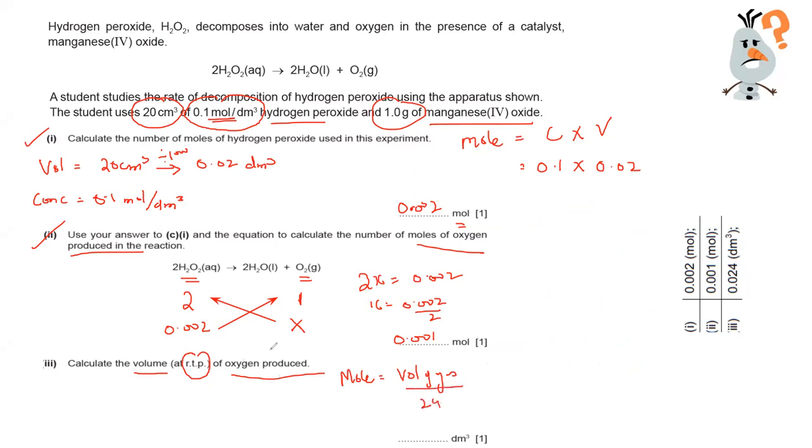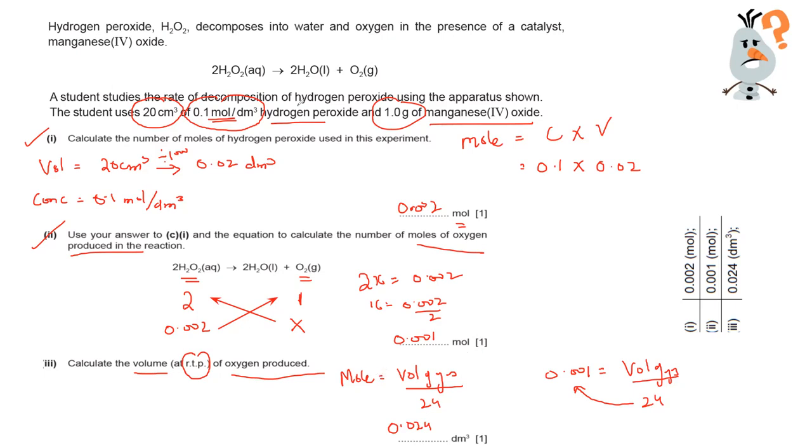I have the moles of oxygen from the previous part, which were 0.001. The volume of the gas is what I'm finding. Volume divided by 24 means it will be multiplied, so 0.001 multiplied by 24 equals 0.024 decimeter cube.